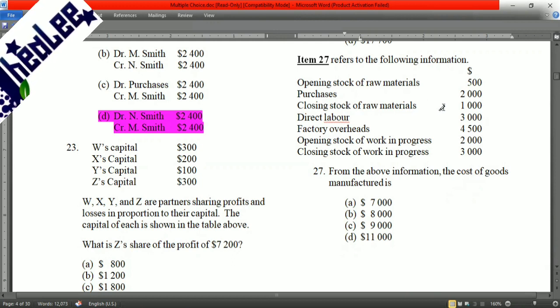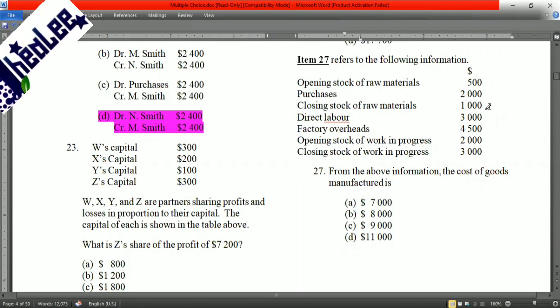We less our closing stock of raw material. And don't forget that when you're doing your manufacturing account, the only figures that you would minus are your closing stock figures, whether it is closing stock of raw material, your closing stock of work in progress. Those would have been subtracted, as well as if there is any return outwards of raw materials.